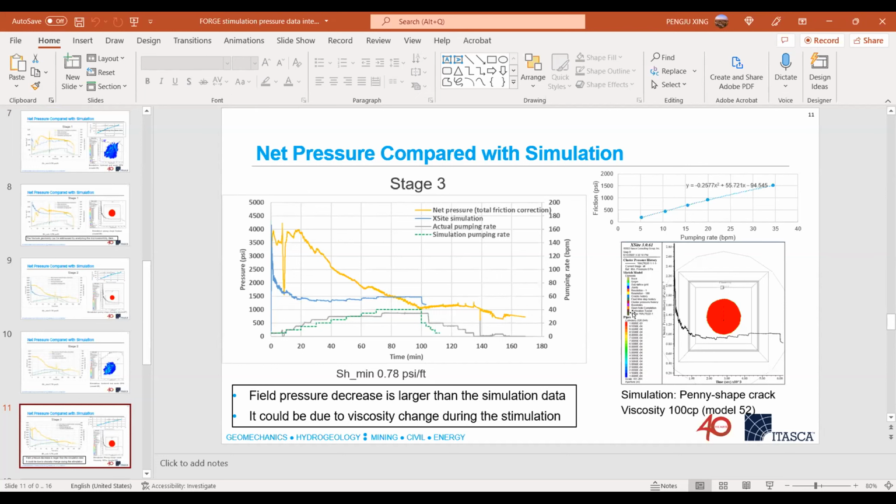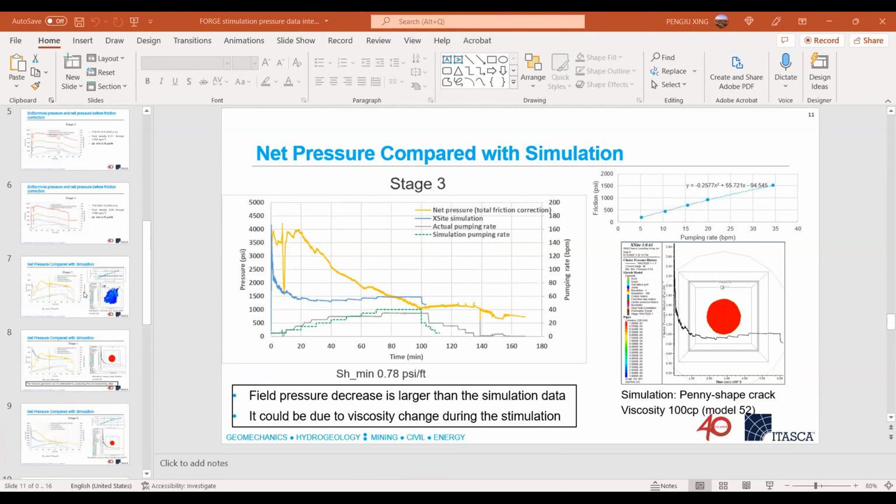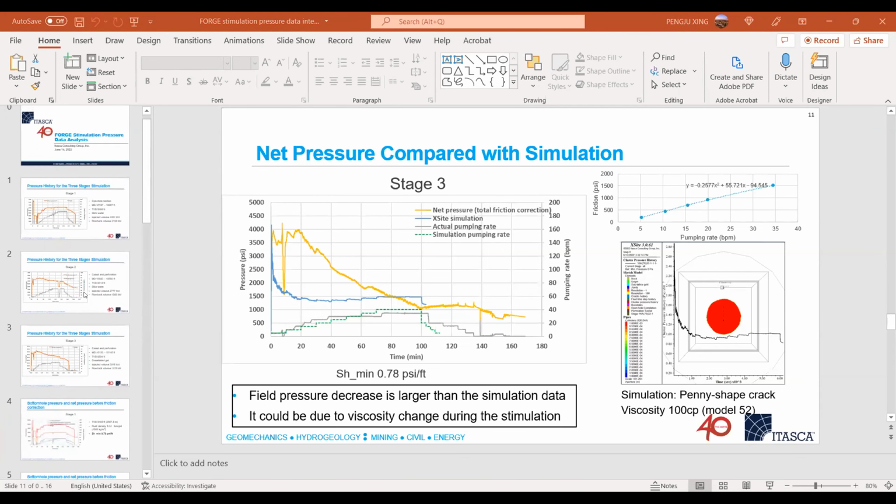And number two, in the modeling, was the fluid loss into the DFN, or into the DFN plus the matrix? I just wonder how they did this. If the questions are not clear, I'll be glad to clarify.